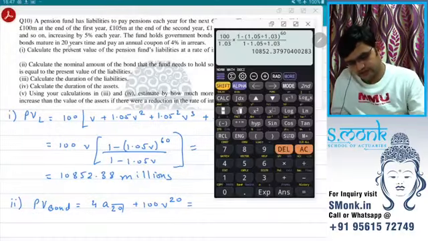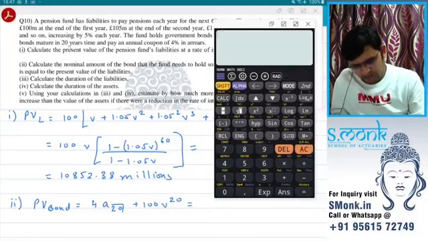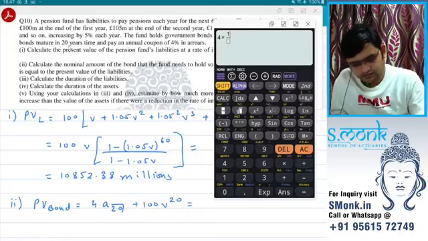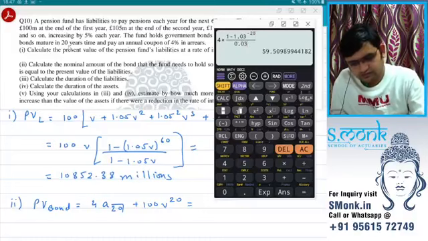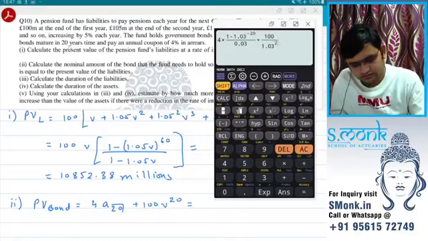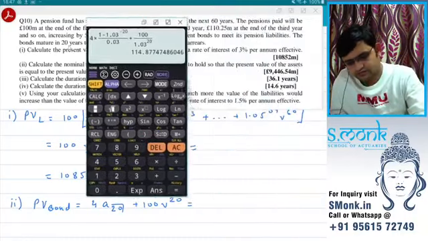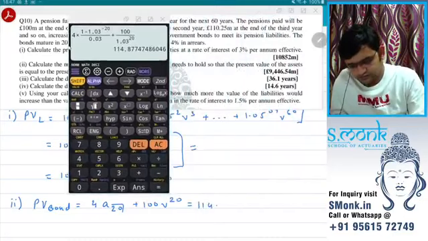This is the present value per 100 nominal.